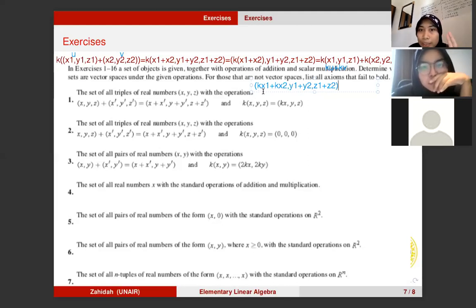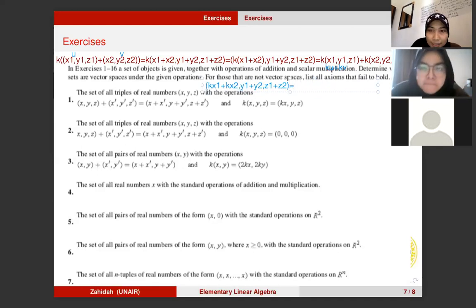We have k times (x1, y1, z1) plus k times (x2, y2, z2).